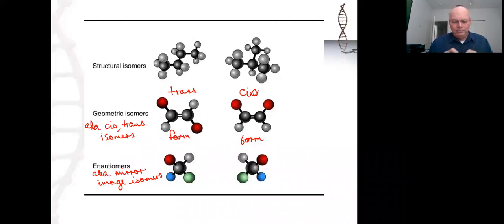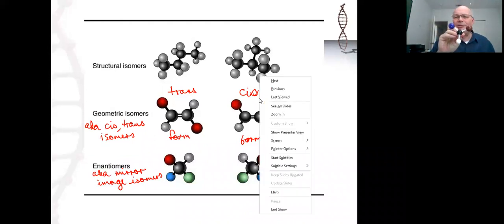Then the last type of isomer is called an enantiomer, or a mirror image isomer. And so here are my two models, and I'm going to show you each one separately and hold them the same, and then show you them side by side. So here's number one. I'm holding it by the orange ball at the top. You can see that up there.